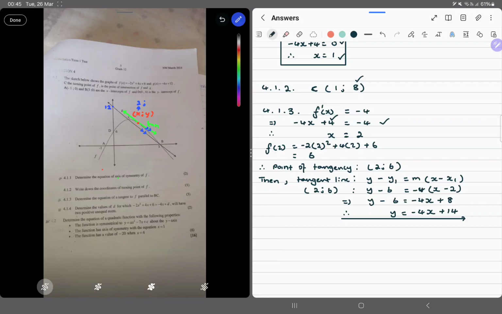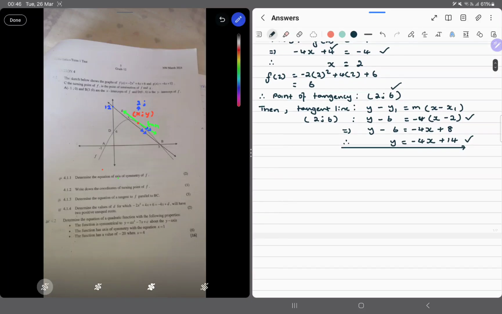And then we get an extra mark for actually finding that point of tangency, because these marks can be a bit of a nightmare. So we've got 3 marks already. And then substituting this point of tangency into a correct format of an equation and getting our final equation gives us the 5 marks. Okay, so that is important.